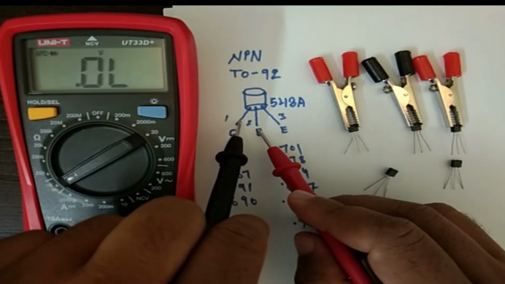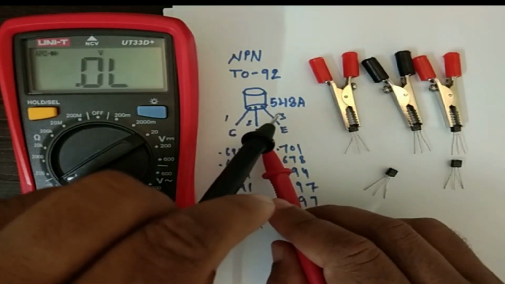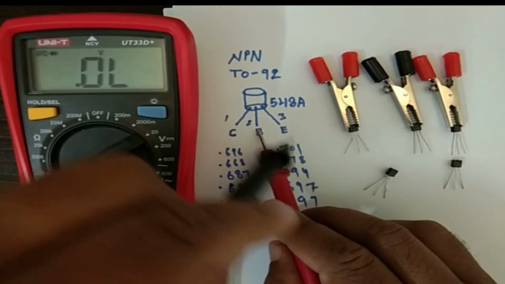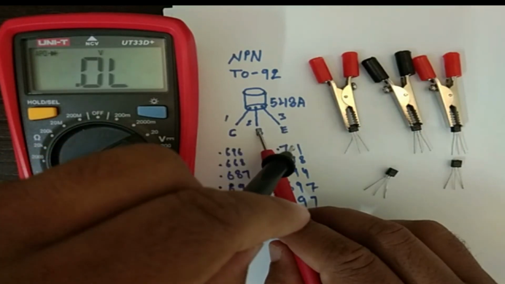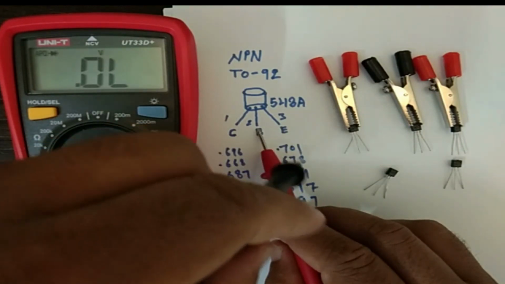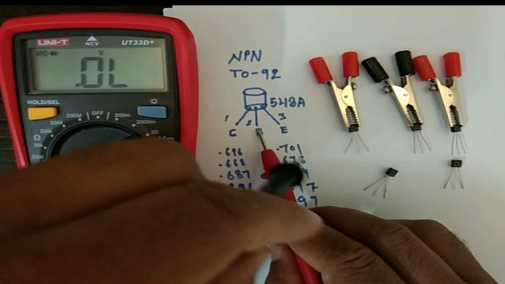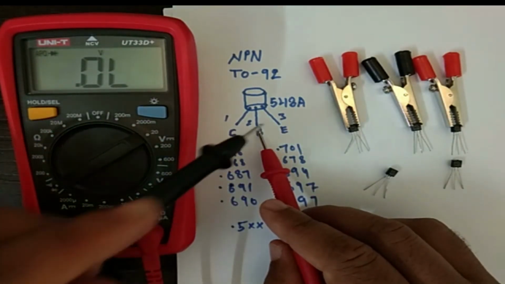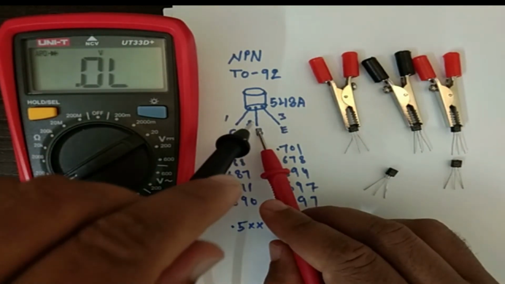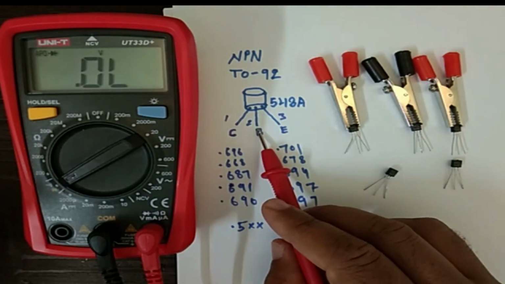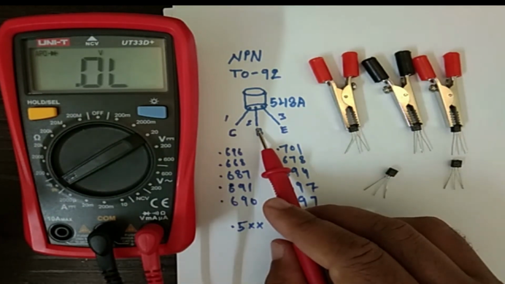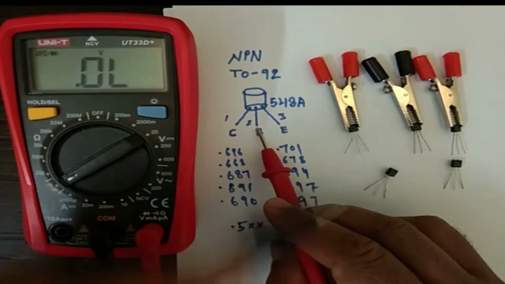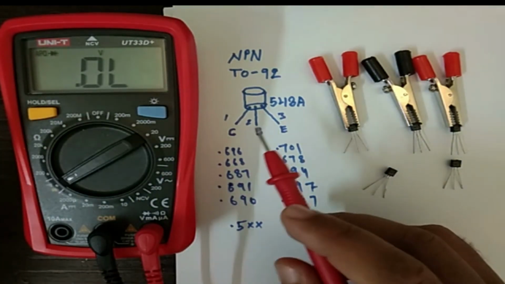It will show open or short. If the transistor is damaged, it will show short or open or some less value, 0.10 something, 0.20 something in the damage condition. In most cases it will show open or short, because in 80-90% of cases the transistor will be either short or open in the damage condition.